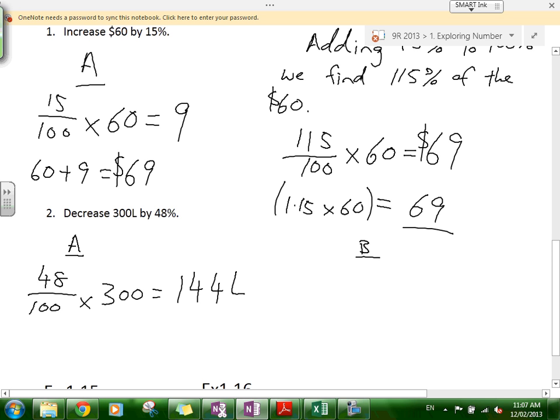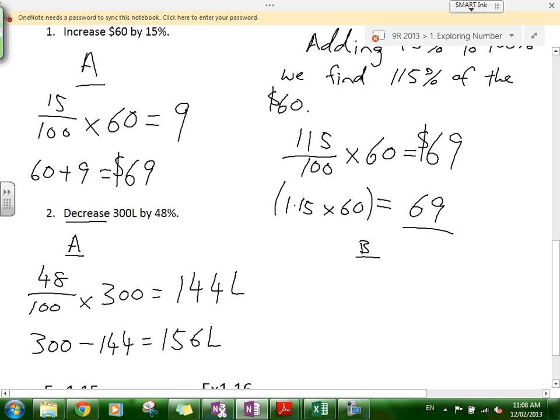We're decreasing by that much, so we subtract it from 300. 300 minus 144 is equal to 156 litres.